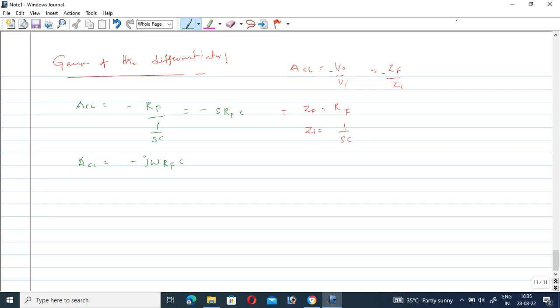This is nothing but the transfer function of the differentiator. Gain means output by input, generally called A. So in terms of the omega values we can represent the transfer function of the differentiator.